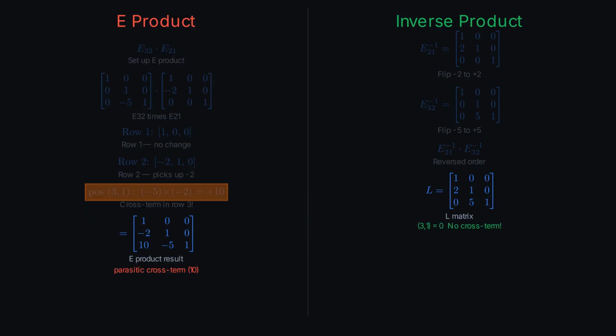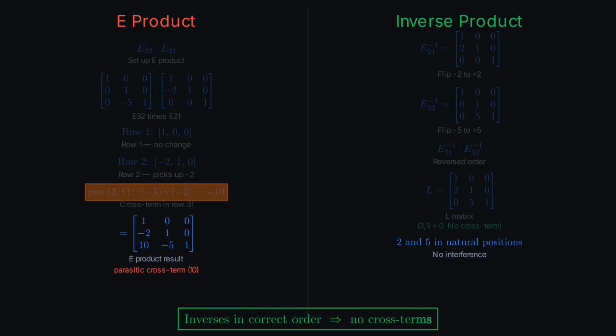Position 3, 1 is 0, no cross term at all. The multipliers 2 and 5 sit cleanly in their natural positions. Why does this work? When we multiply inverses in the right order, each inverse only modifies a row that later inverses don't touch. The multipliers slide into L without any interference.